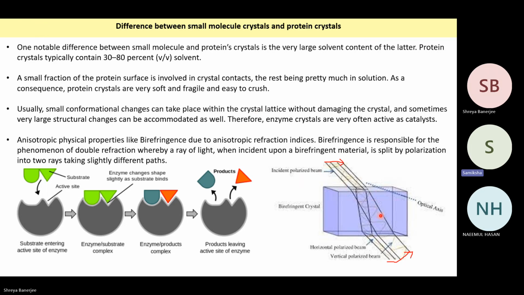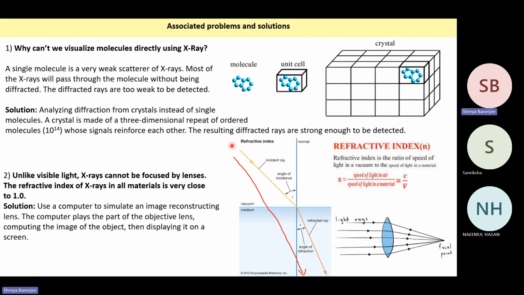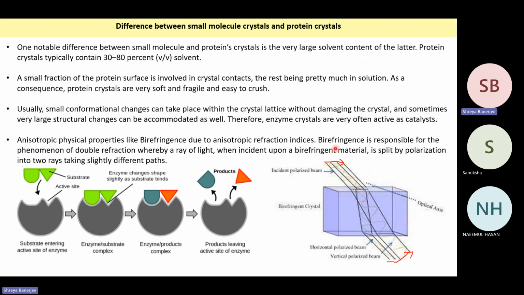But ma'am, in X-ray crystallography, the same is being formed as an image. No, in X-ray crystallography, you are not using light waves, no? And I discussed that the refractive index of the X-ray is 1, so it will just pass through directly. So this problem arises only when you are using visible light and you are using some optical material.